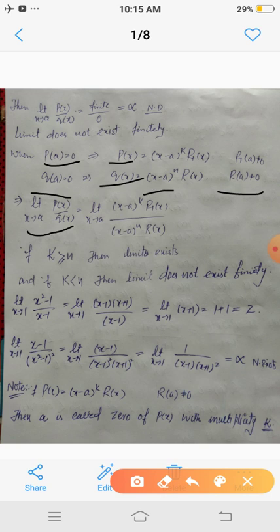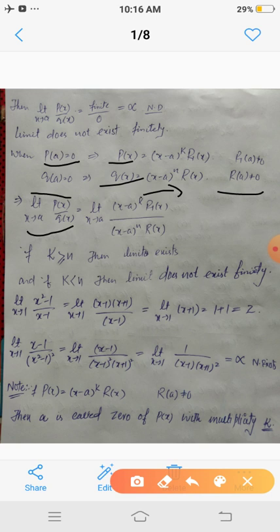Now when this k in the numerator is greater than or equal to n, like if k is 5 and n is 5, or if k is 5 and n is 2, this means that k is greater than or equal to n. Then we can cancel the terms from the denominator, that is x minus a.